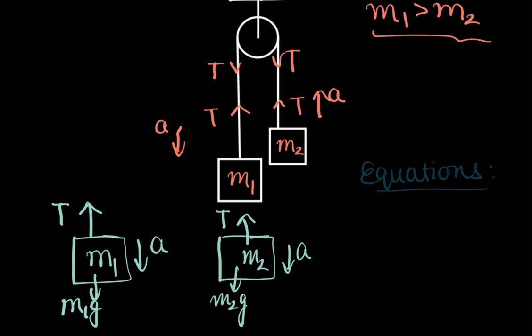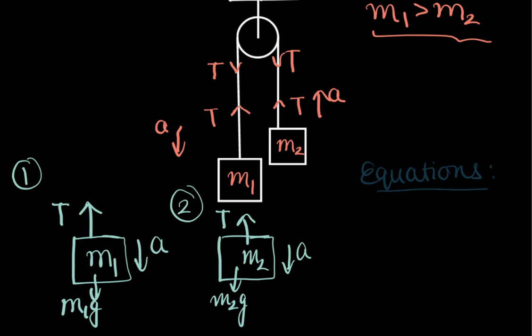Now in the first case, that of mass m1, m1g is acting downwards and tension is acting upwards, and the net acceleration is downwards.